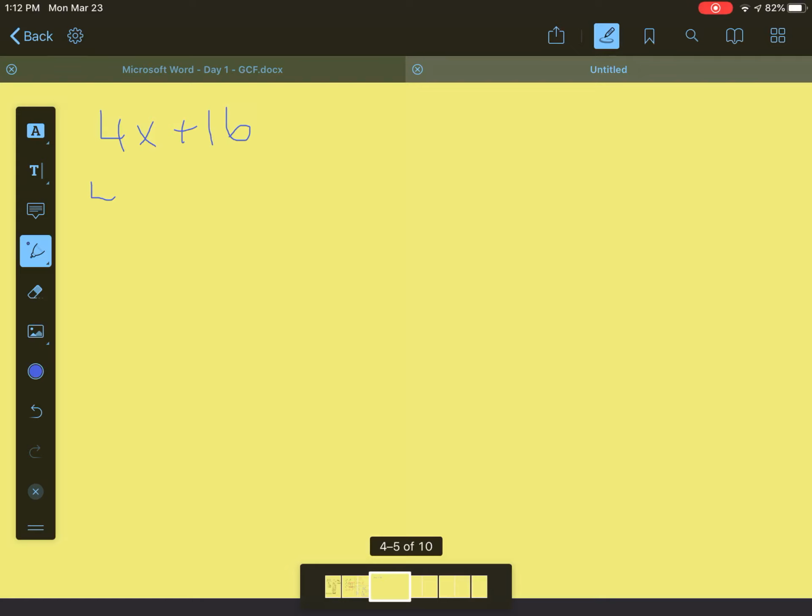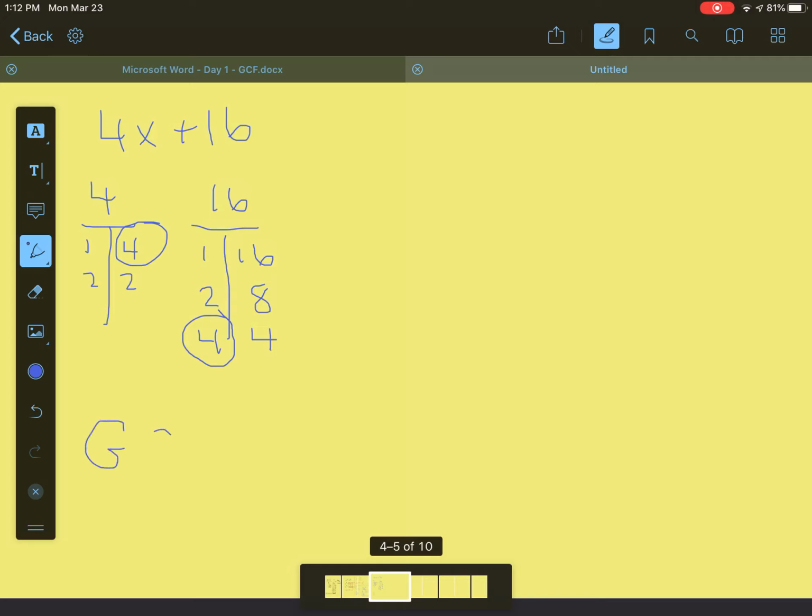My factors of 4 are 1 and 4, 2 and 2. My factors of 16 are 1 and 16, 2 and 8, 4 and 4. Now if we look at our lists, the largest number that both lists have is 4. So that's the beginning of our GCF.